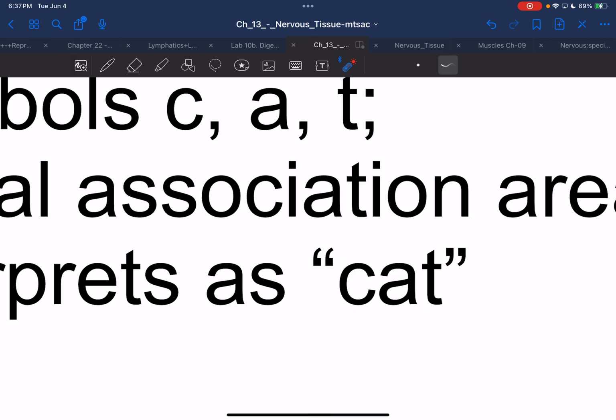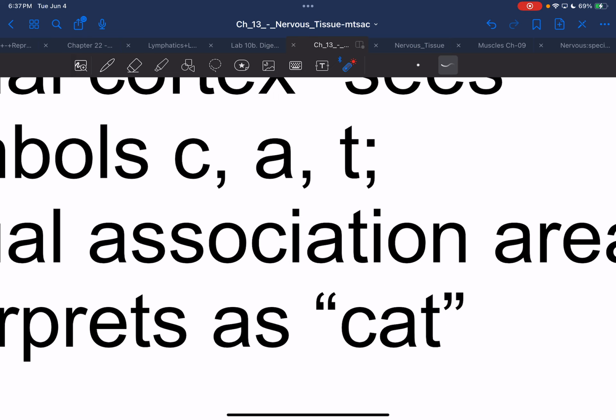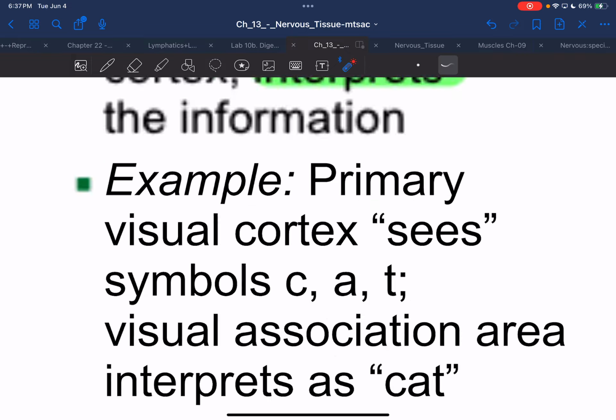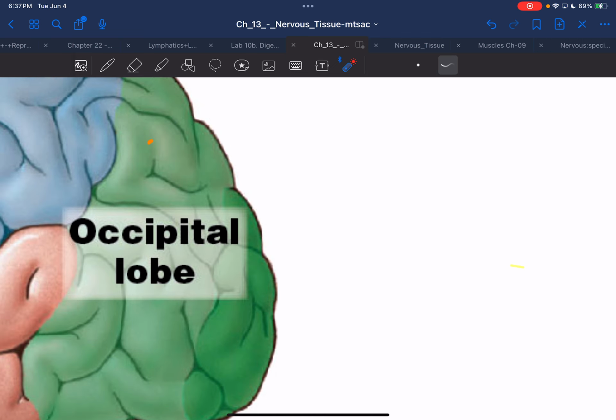Like a little animal, a pet, right? Or a wild cat that you see. But this in and of itself, what in the world does this symbol have to do with a cat? Or this one? So you see how you see this, but you interpret cat. You see patterns in it, and that's what your occipital lobe does.